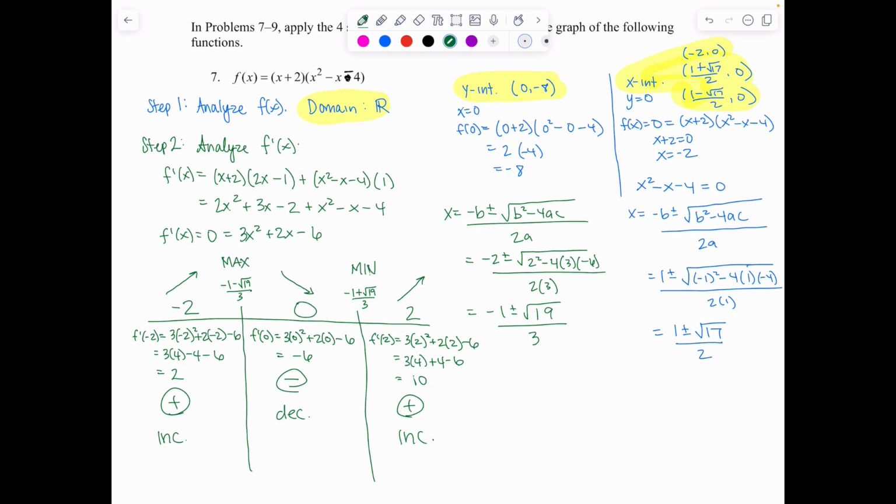We can also make a note that it's increasing from -infinity to this max value, -1 minus root 19 over 3, decreasing from -1 minus root 19 over 3 to -1 plus root 19 over 3, and increasing again from -1 plus root 19 over 3 to positive infinity.